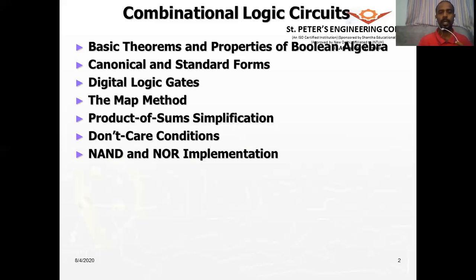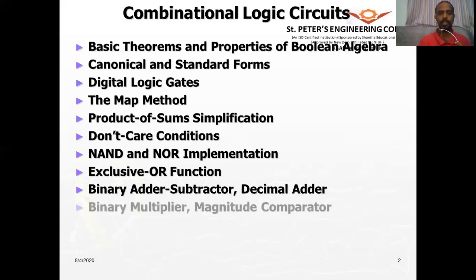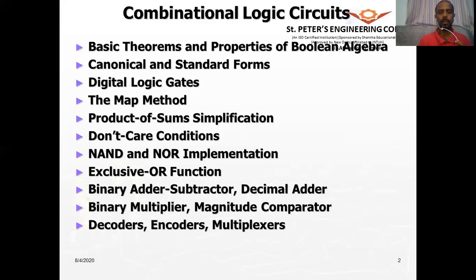So how they can be implemented and how NAND and NOR can be used to realize all other gates, we can also look into that. Then we can look into what is this XOR function and some applications of this XOR function. And we can look into some of the combinational logic circuits such as binary adders, binary subtractors, decimal adders, and multipliers, magnitude comparator, decoders, encoders, and multiplexers. So these are many of the operations or the logic circuits we will be looking into.